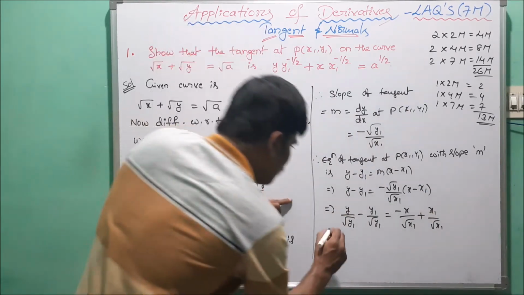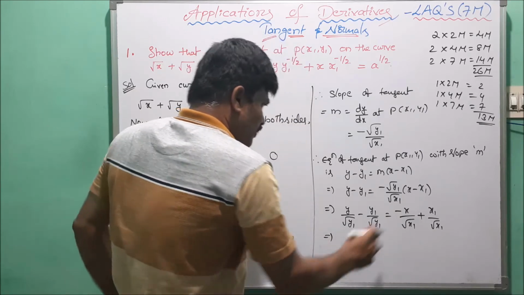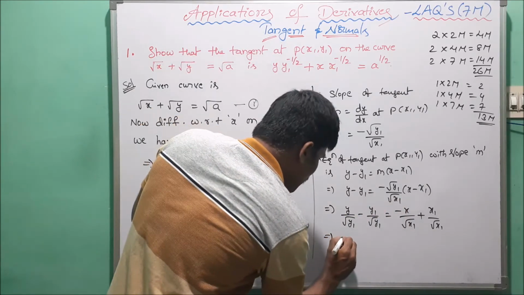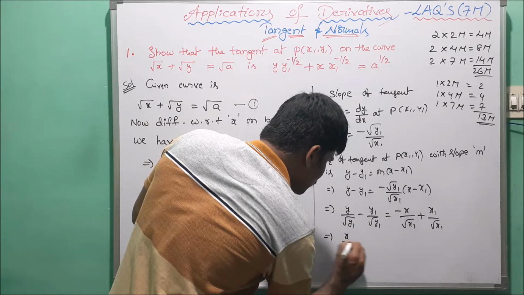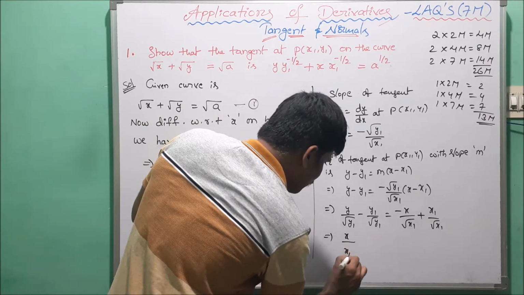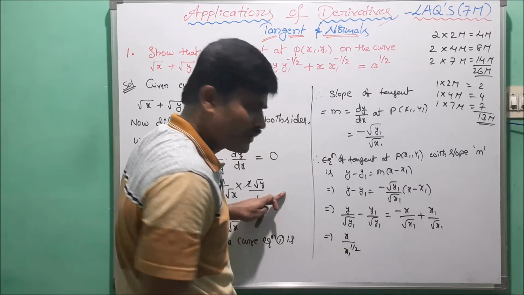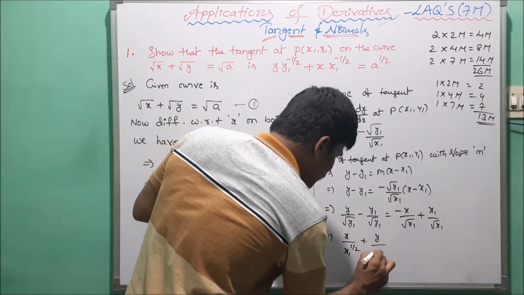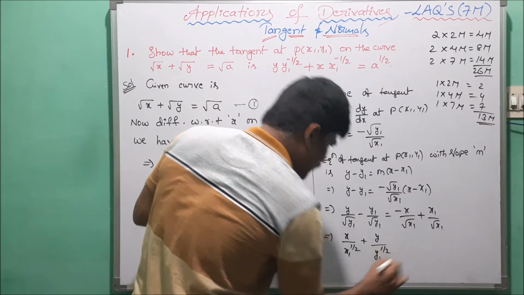Now clearly, minus x by root x1 can be taken to the left side. Then we write x by root x1, where root x1 can be written as x1 power 1 by 2. Similarly, y by root y1 is y1 power 1 by 2.